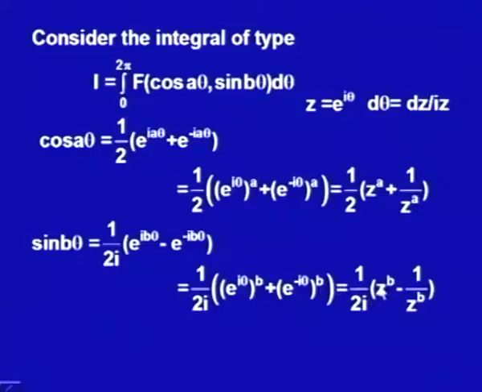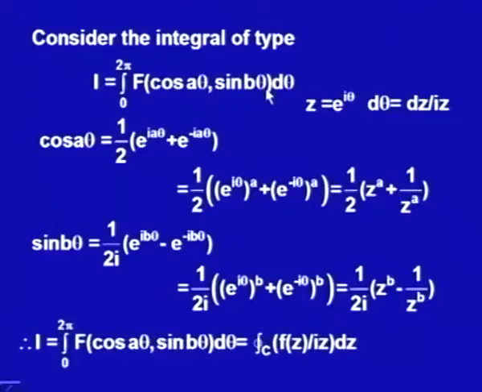So what we get is z to the power b minus 1 upon z to the power b, into 1 upon 2i. So again we can transform this kind of integral with the transformation z equals e to the power i theta, where theta ranges from 0 to 2 pi, which is a contour integration on the unit circle. So it is the integral on the unit circle of a function of z, small f of z, upon i z dz.